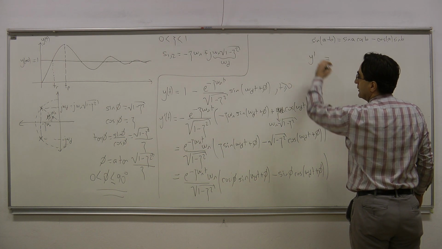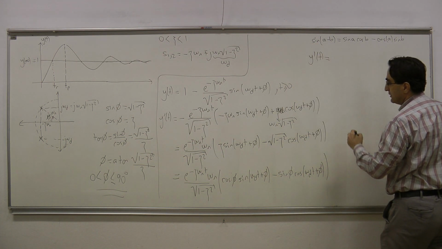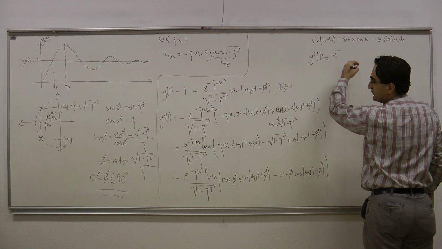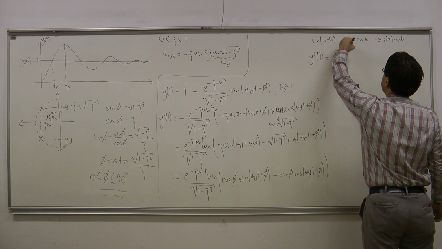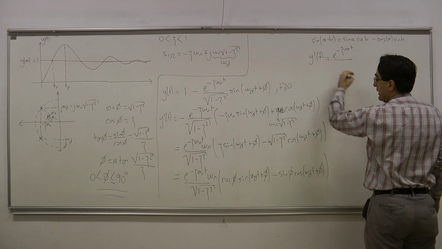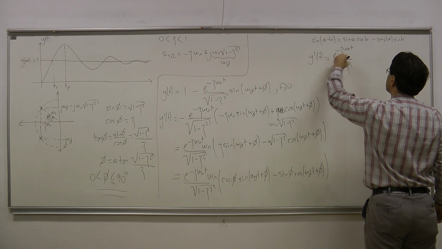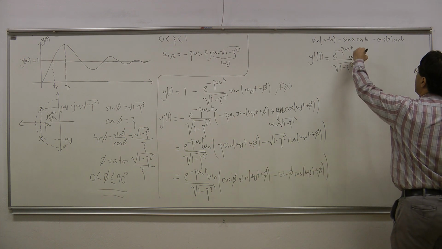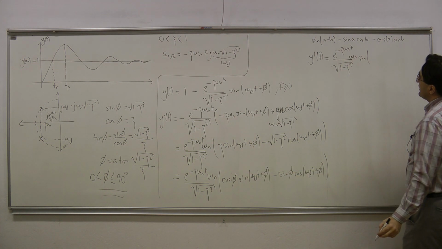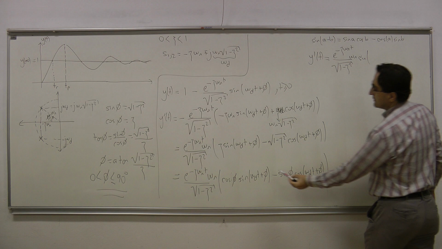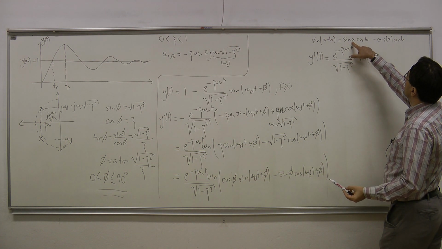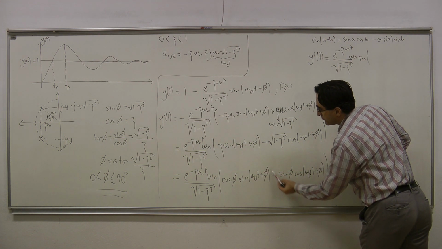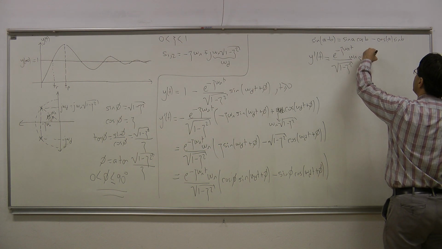Y prime evaluated at t is e to the minus zeta omega n t, divided by the square root of 1 minus zeta squared, times omega n, and this is just a single sine. What is the angle A? Angle A is the argument of sine in the first term, omega d t plus phi.